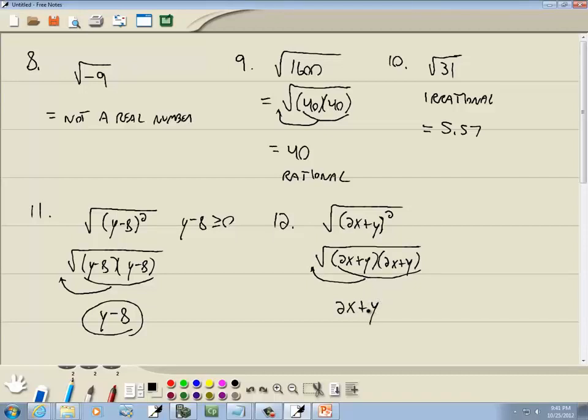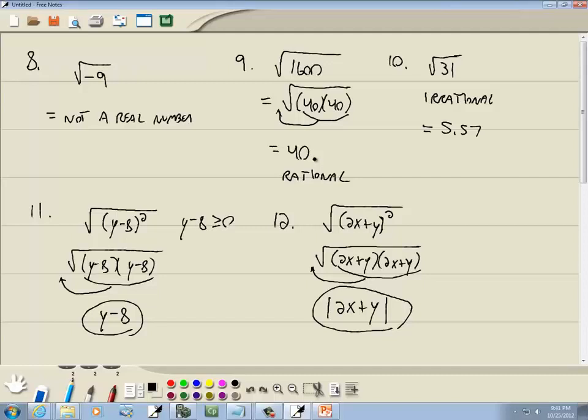Now, we want this to be positive, and we don't know what the values are. This could be a negative 1, this could be a negative 5, and this could equal negative 7. Well, a very easy way to make something positive is just to put absolute value bars around it. So that'd be our answer. So if you have something come out that's a variable, and you're not sure if it's positive, just put absolute value bars on it and it'll cover it.